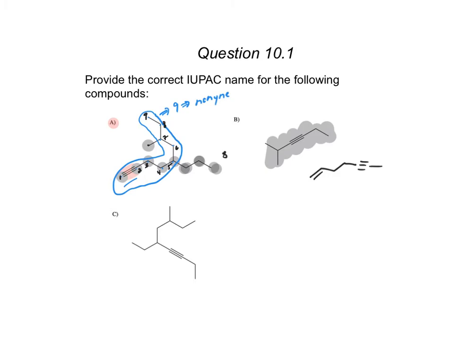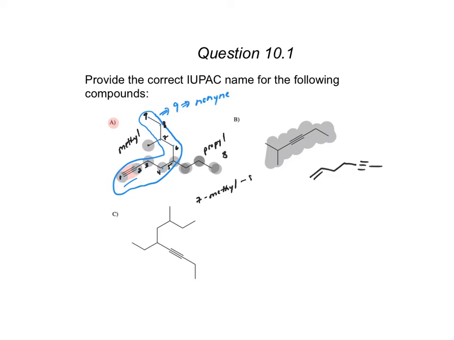So now we can start assembling this. We had a methyl, we had a propyl. So M comes before P. So we have a 7 methyl.